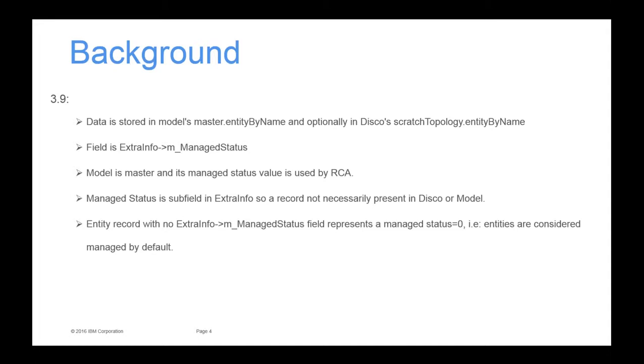Model is the master, and its managed status value is what's used by RCA. Because the managed status is a subfield in the extra info field, a record is not necessarily present in Disco or model.